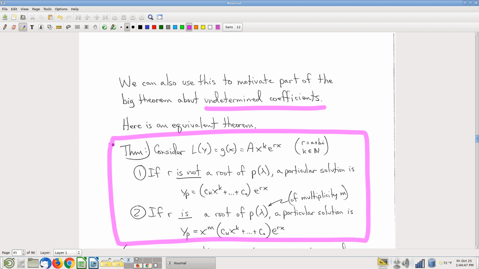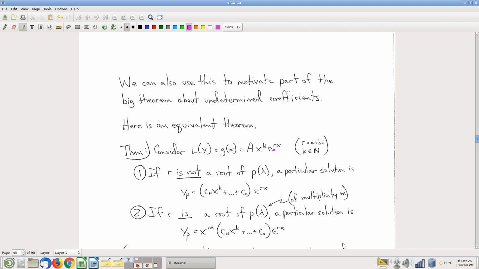Here, I'm stating the theorem a little bit differently. I should say a related theorem, where the right-hand side is not necessarily real valued, right? Notice that this r here is a complex number, so this is complex valued. We get likewise complex solutions.